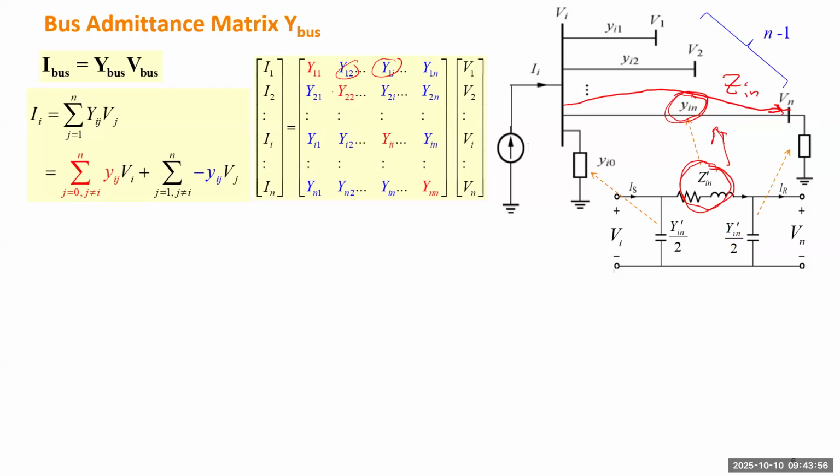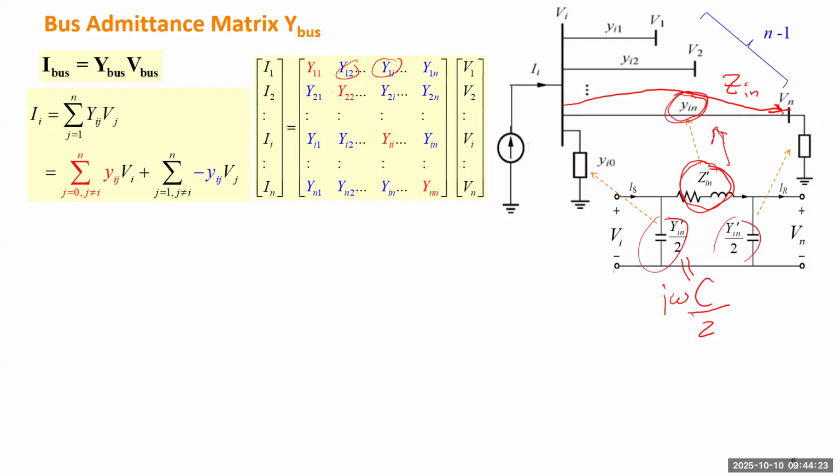Okay. How are we going to deal with those two items? Those two items for a long transmission line come from the capacitance. The total line has a total capacitance, right? So you split the total capacitance in half, then multiply it by j omega. So this will be half of the admittance.